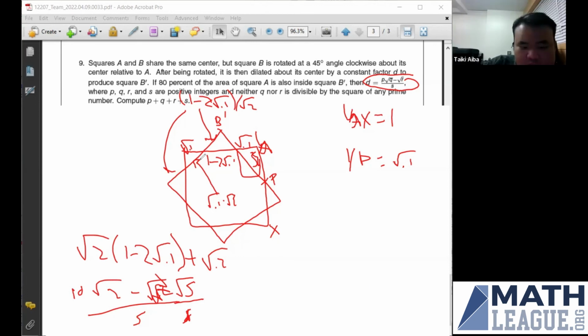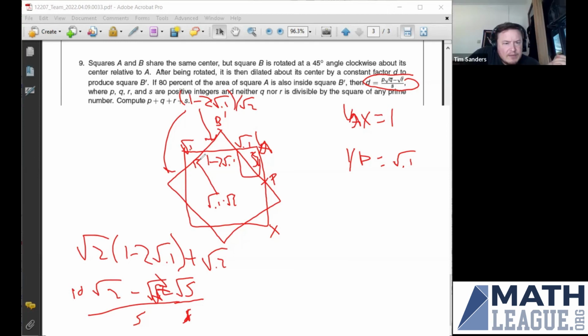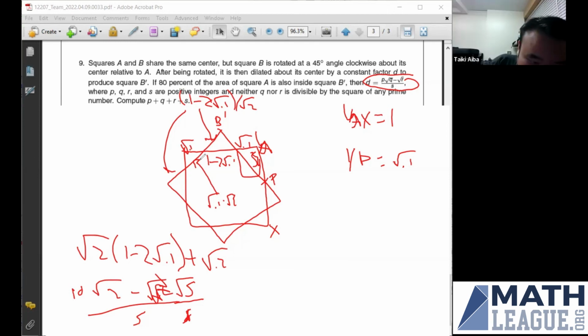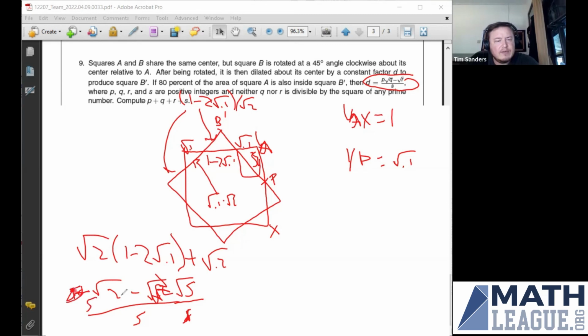Wouldn't it be 5 root 2? 5 root 2 over 5. Where am I getting a 5 root 2 over 5? Because like we had, oh, this root is just a root 2, wasn't it? Yeah. Oh, okay. So that was just a root 2, so that's 5 root 2. Okay.